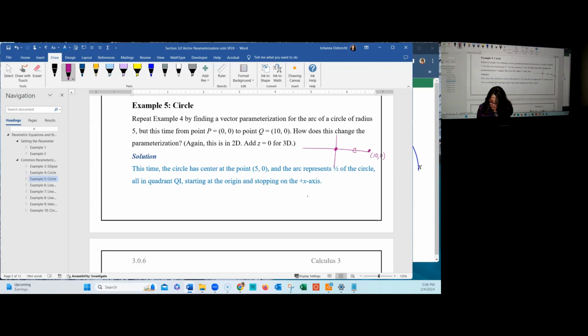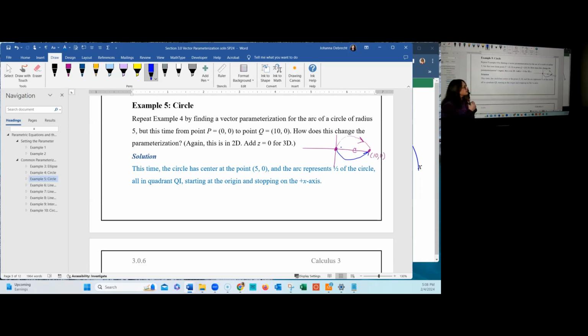So I must be going either this way at the top, like this with an arrow, well, or this way at the bottom, like this with an arrow. All right. So it could be either one. And now that I'm thinking about it, I didn't specify. So let's see what we can do.